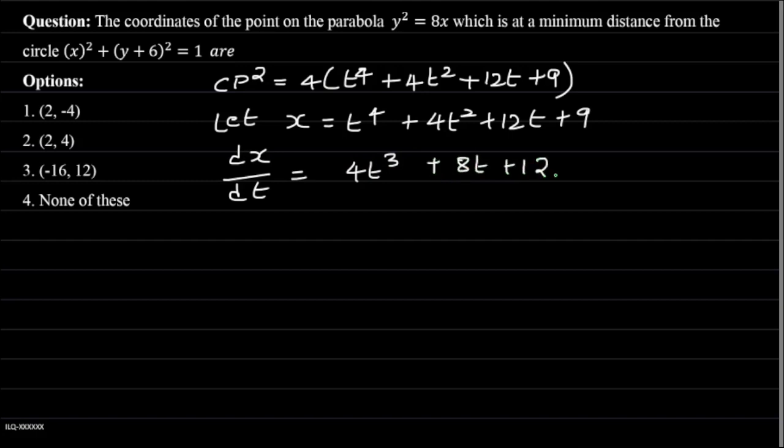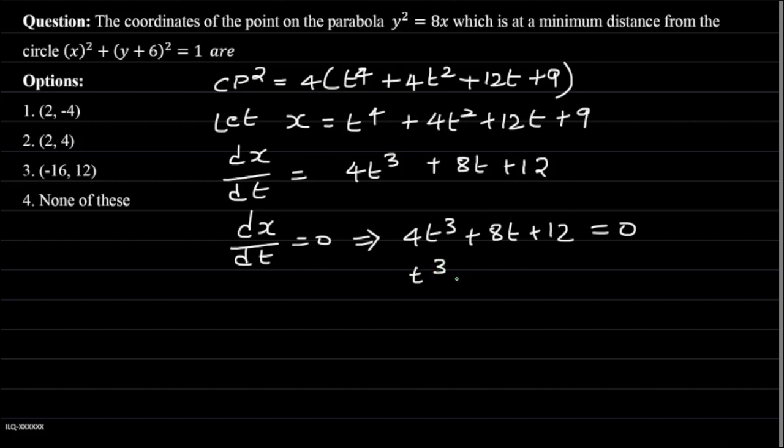So I have to equate this dx by dt to 0 in order to get the t value, which gives me 4t cube plus 8t plus 12 equal to 0, and this can also be written as t cube plus 2t plus 3 equal to 0.